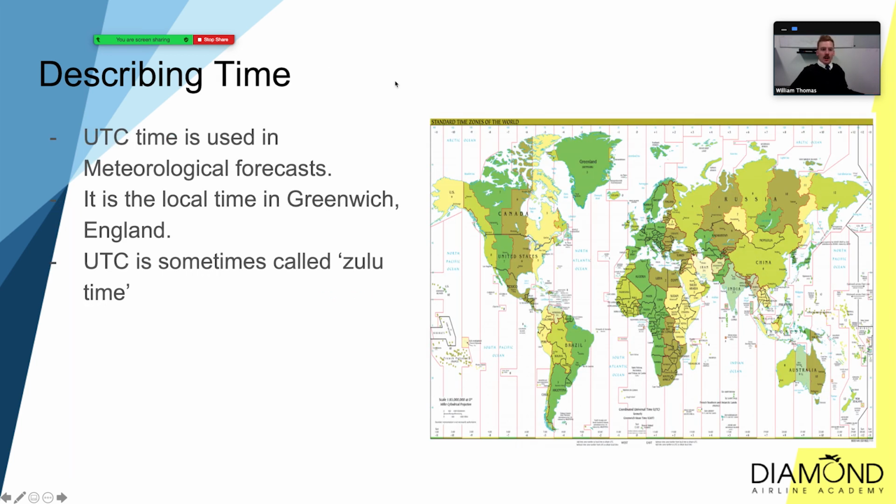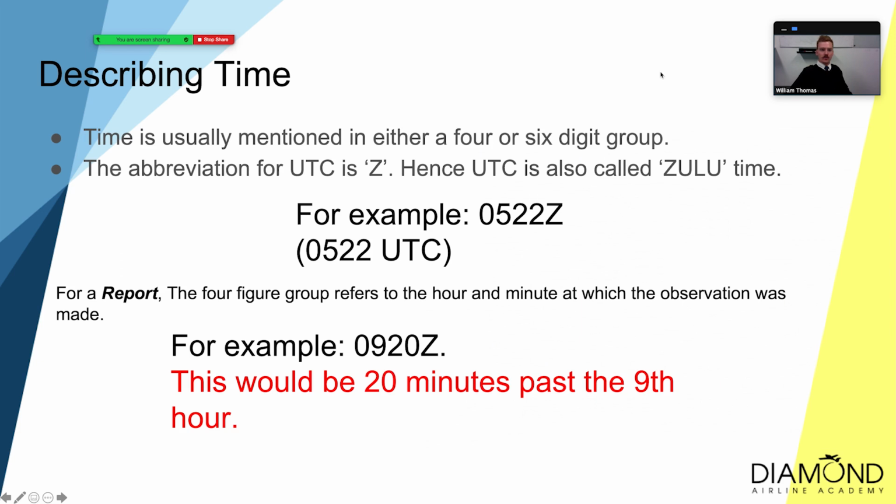Time on our weather forecast will almost always, literally always, be described in UTC or Zulu time. Now, converting from Zulu time to Australian Eastern Standard Time or Australian Eastern Daylight Time.